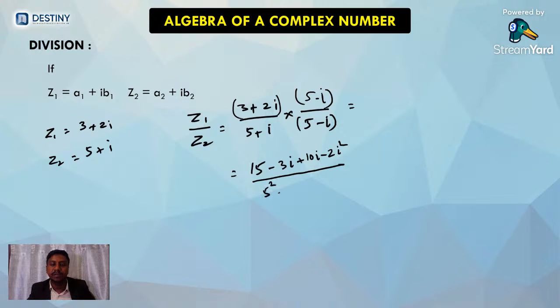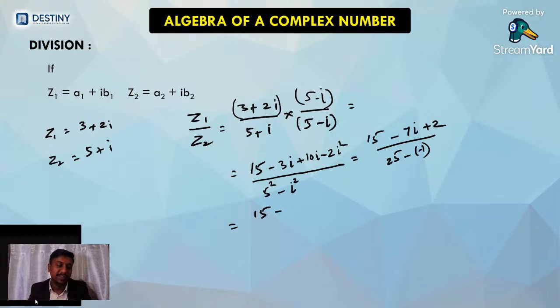So it will become 15 minus 7i plus 2, divided by 5 square is 25, i square is minus 1. So it will become 15 plus 2, 17, right? So I can write 17 directly.